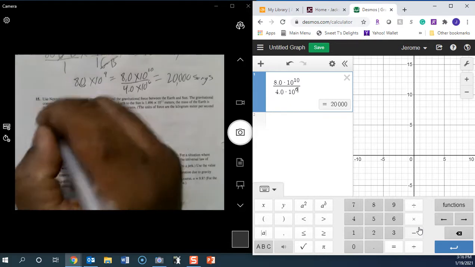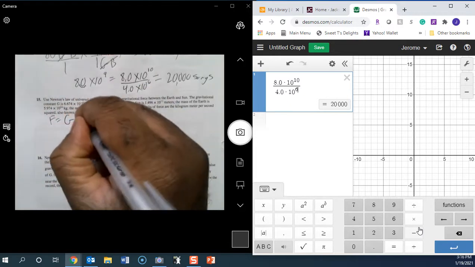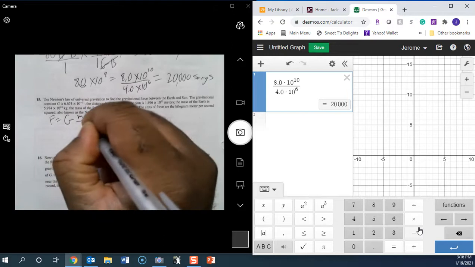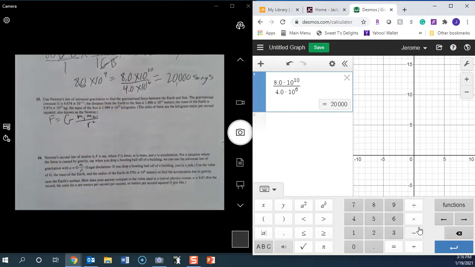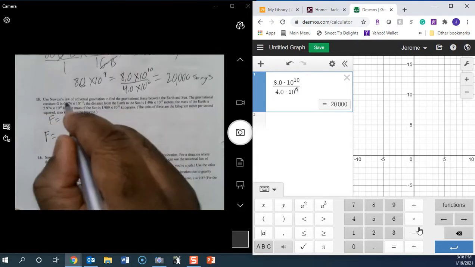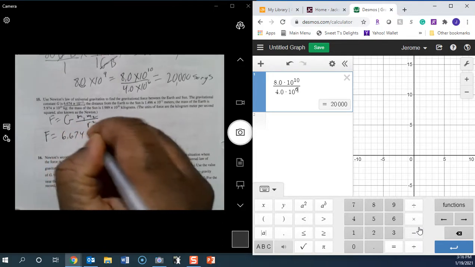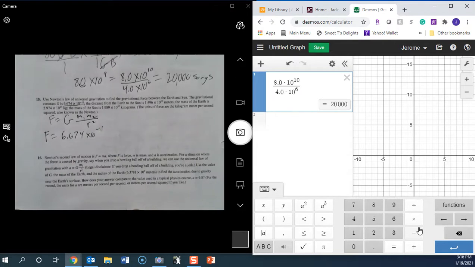So we would take our formula, that F is equal to G times M sub 1 times M sub 2 all over R squared. Now we're already told what these values are. The gravitational pull is this here, this 6.674 times 10 to the negative 11.